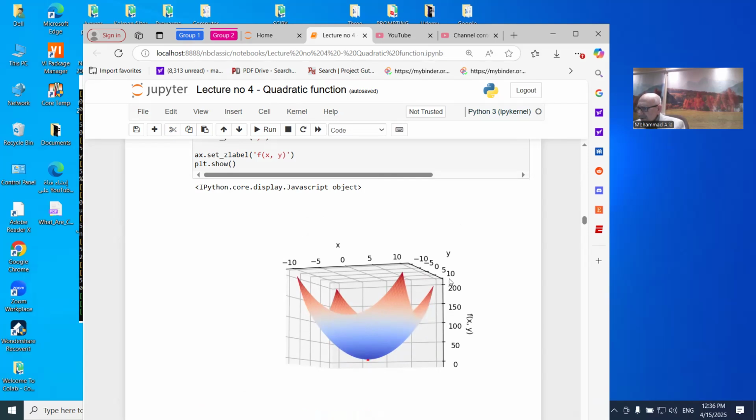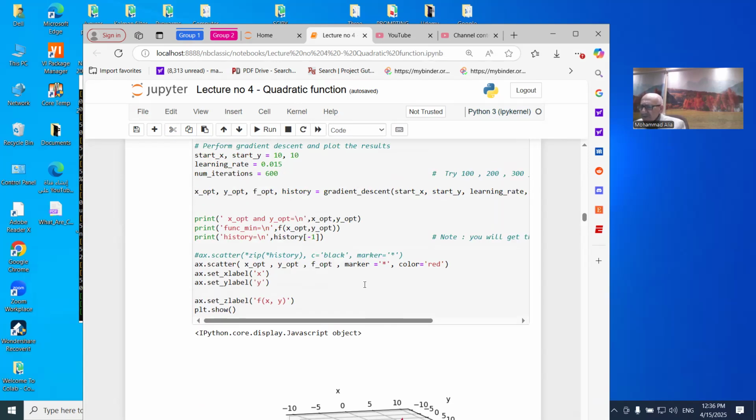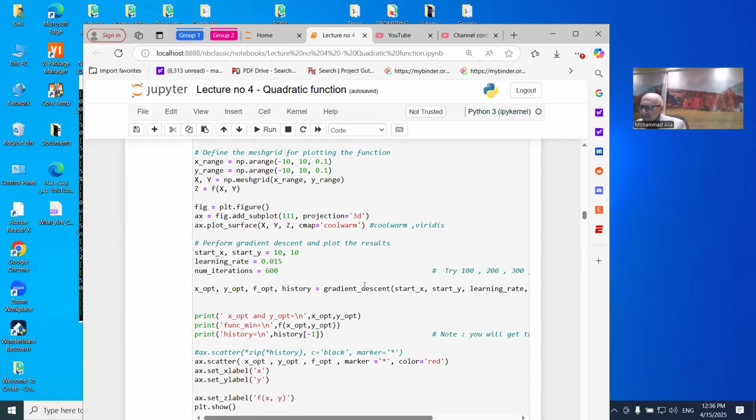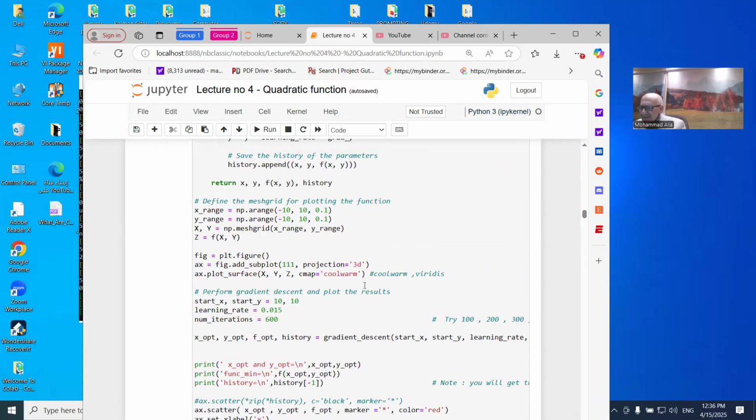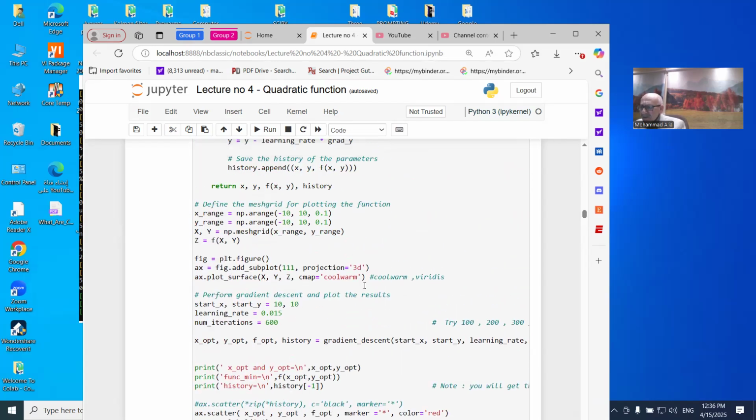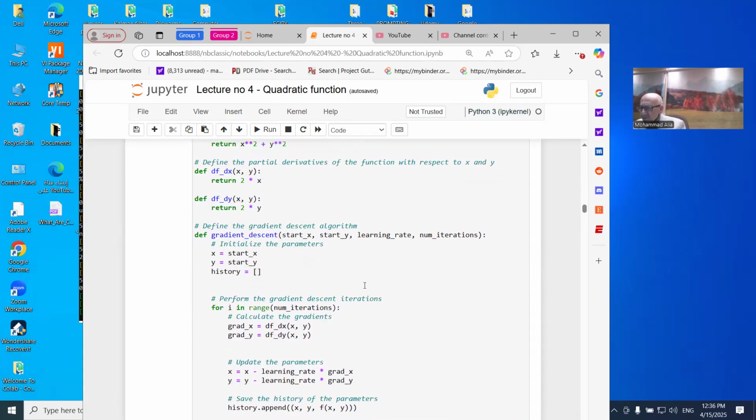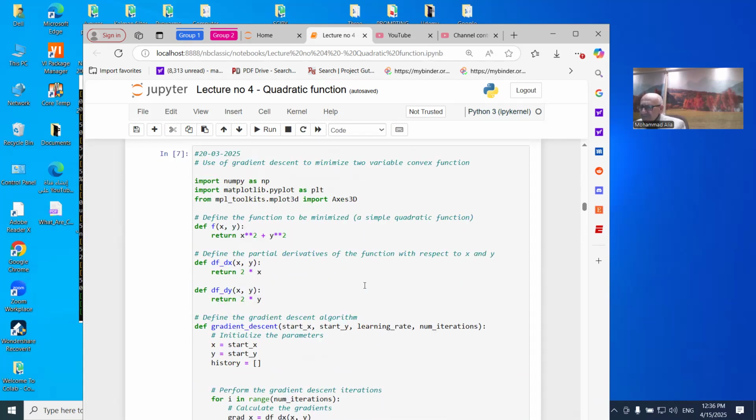As you see, y begins from 0 to 10, so it exists within 10 and minus 10. And the same thing for the x coordinate, between 10 and minus 10. So I have suggested that the start values of x and y will be 10 at the limits. We will begin from the limits.